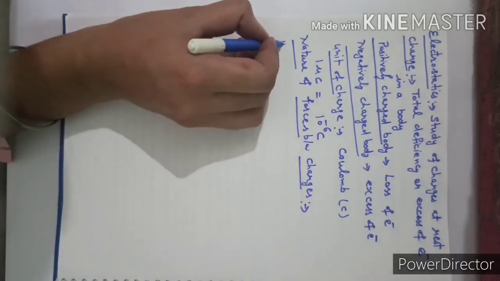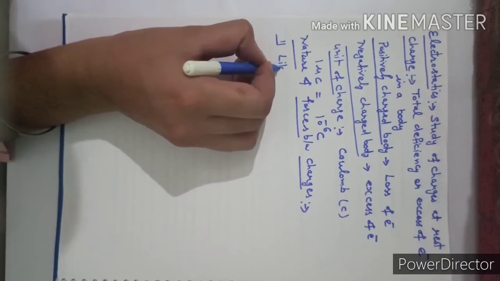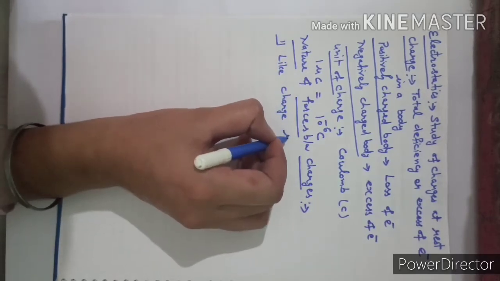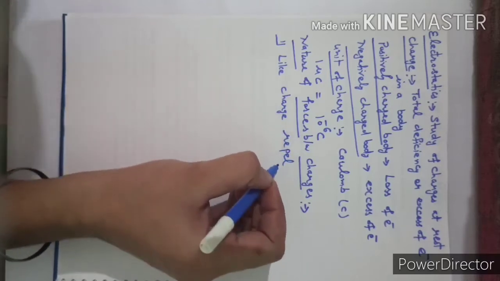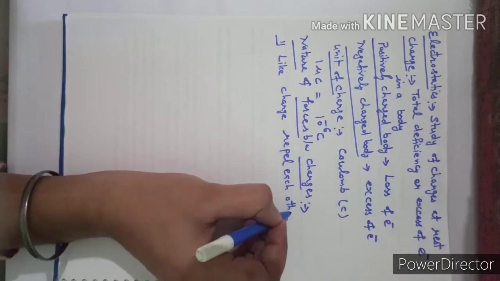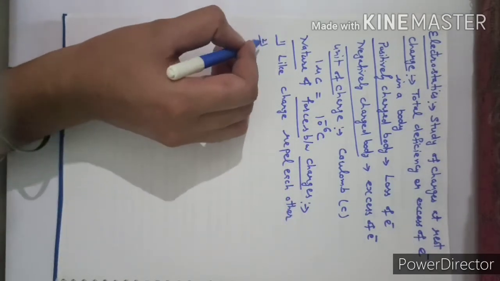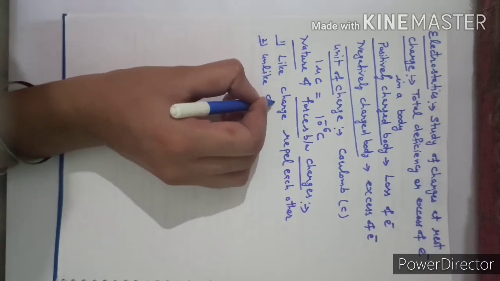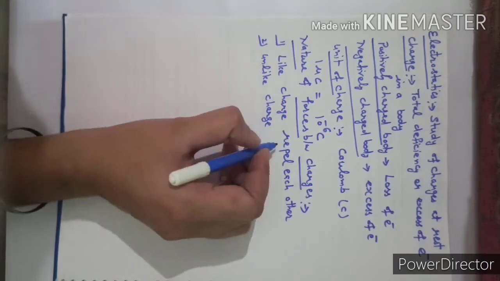Number 1: like charges repel each other. Second: unlike charges attract each other.